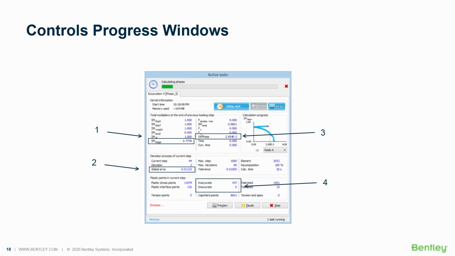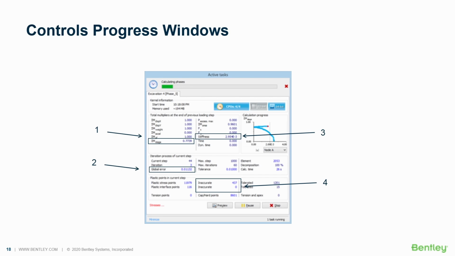So this M stage gives you an indication of how far you are from reaching full convergence, which is M stage equal to 1, but also the rate at which the calculation is progressing. If you see M stage increasing steadily, it's relatively a good sign. When you see M stage staying at the same number over and over, over iterations and over steps, that's not a good sign.